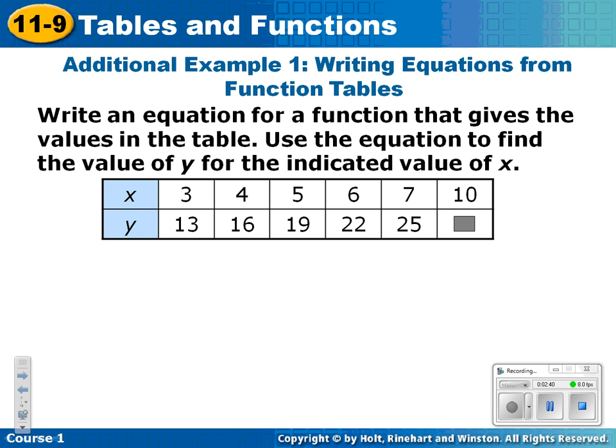What is our function? What is happening? And here's a hint. Usually, if your input is smaller than your output, it usually is some sort of multiplication or addition or multiplication and addition combined.